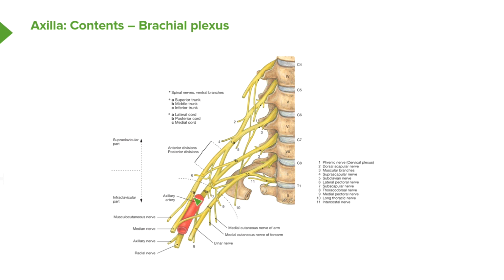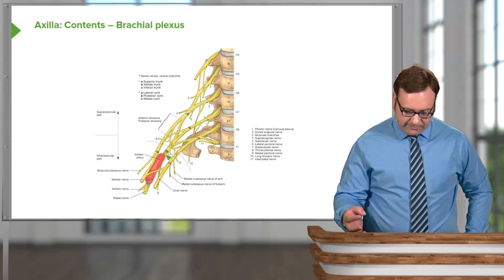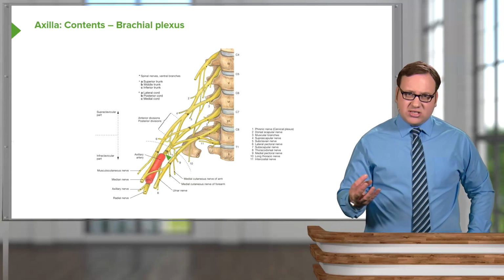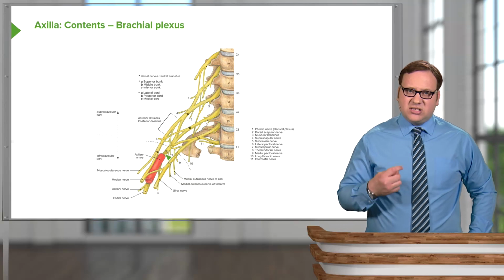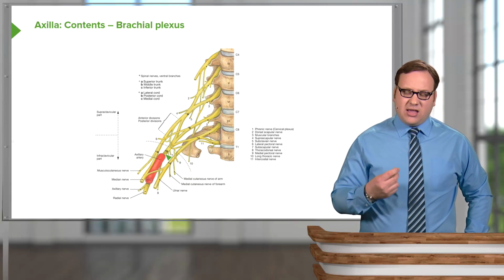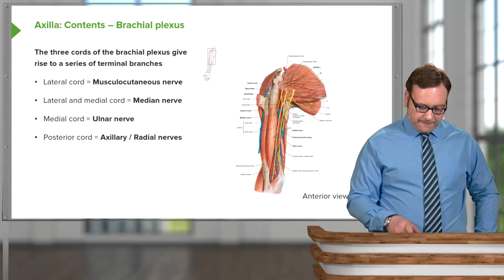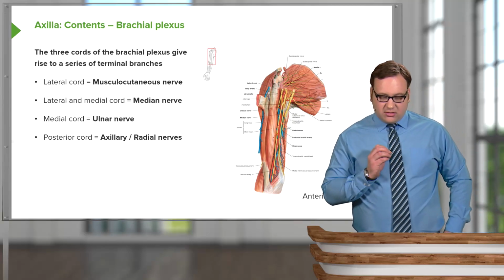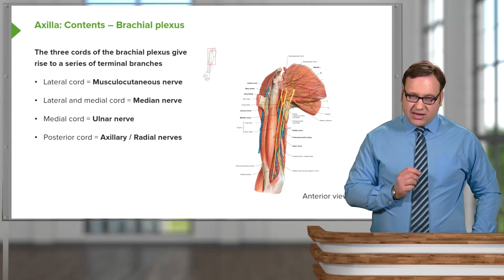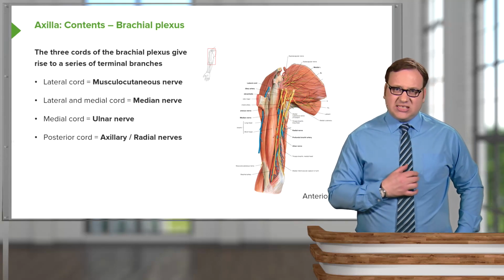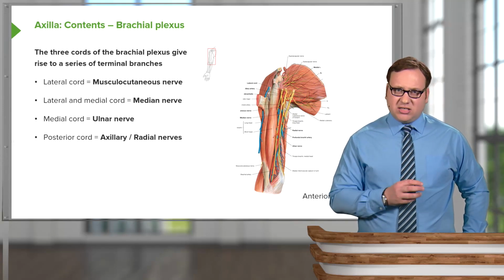Now these three cords, lateral, medial, and posterior, are going to give rise to the terminal nerves of the brachial plexus, specifically the musculocutaneous, the median, the axillary, the radial, and the ulnar. We have three cords of the brachial plexus, giving rise to a series of terminal branches.